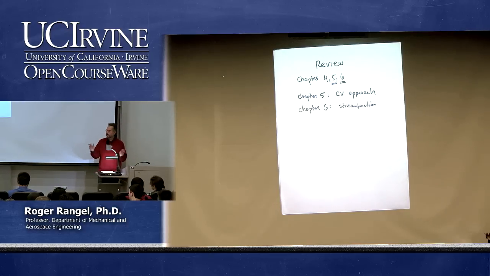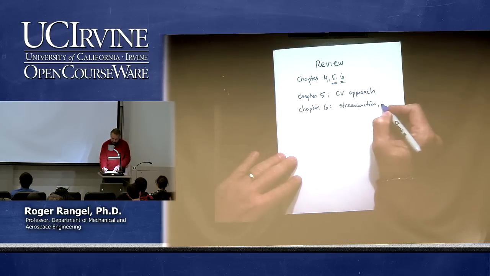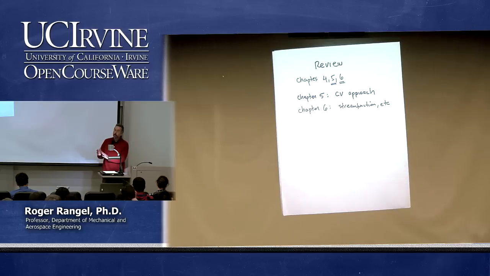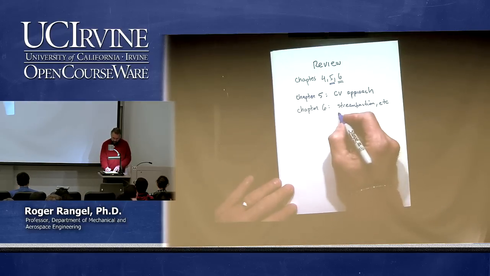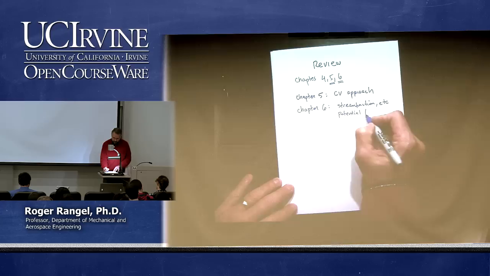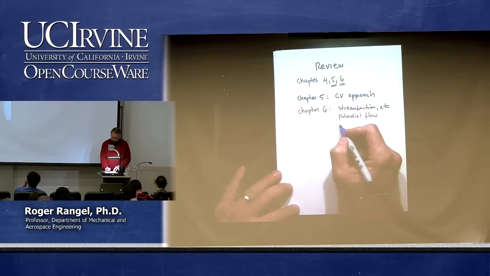You know, but all the analysis of the formation, same material that you saw on the second midterm. So I'll just put here, etc. And then the 2 newest parts, which are potential flow and viscous flow.